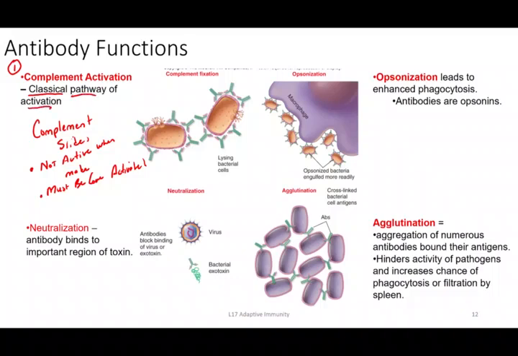What that involved is antibodies, so there's that letter Y again, binding to the actual microorganism, in this case a bacteria. That's going to trigger the series of events that activates all the complement. I'm not going to review it now, but there's another pathway called the alternate pathway that does not require antibodies, but instead requires molecules on the surface of the bacteria to be present. So activating complement through the classical pathway is one thing that antibodies can do.